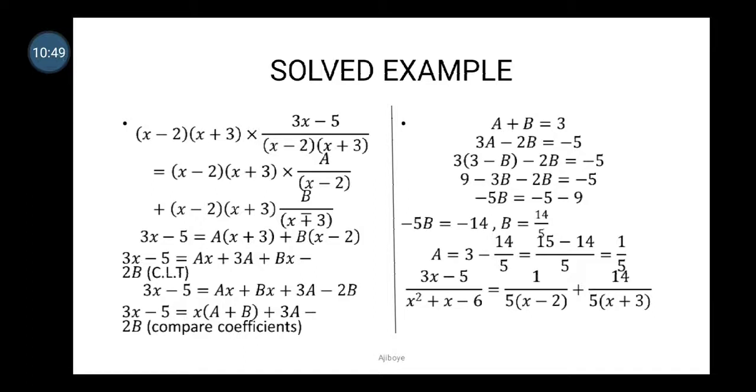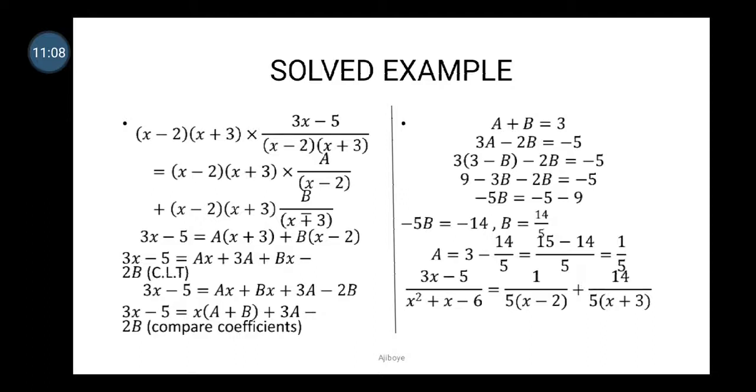Then the next thing to do is to compare coefficients, because if the two expressions are equal, then it means that the coefficients of the corresponding variables will be equal. That is, a plus b must be equal to 3, because those two are the coefficients of x in the expressions on the left and on the right. I say that again.